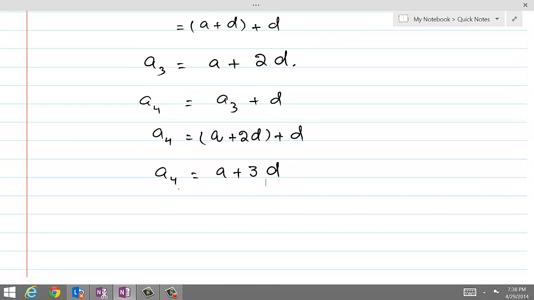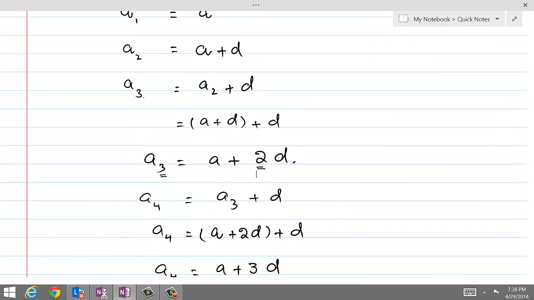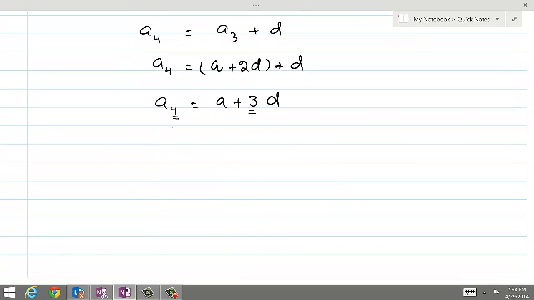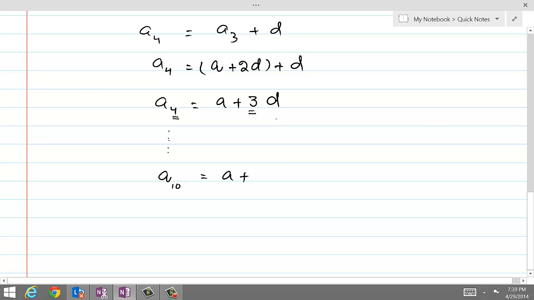So you can see that if the subscript is 4, this is 3. If the subscript is 3, this is 2, and if the subscript was 2, this was 1, which is 1 less than the subscript. If we continue this pattern and try to guess A10, this would be equal to A plus the coefficient of D, which will be 1 less than the subscript.